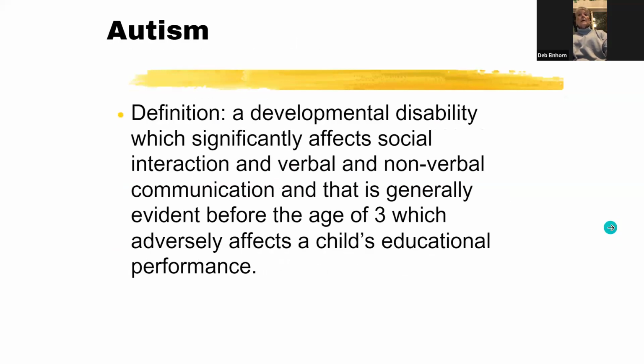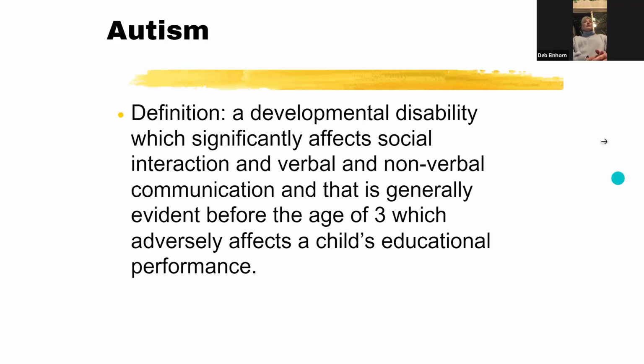The next disability we'll talk about is autism spectrum disorder. Autism as a spectrum disorder means that it covers a huge array of effect. So people often say, if you know one child with autism, you know one child with autism, because the spectrum is so comprehensive.